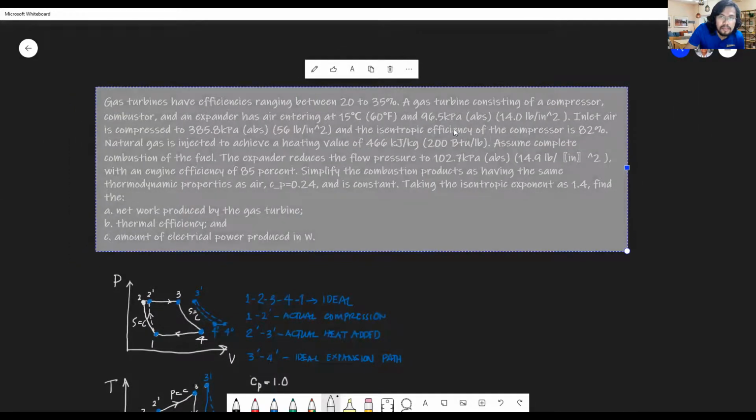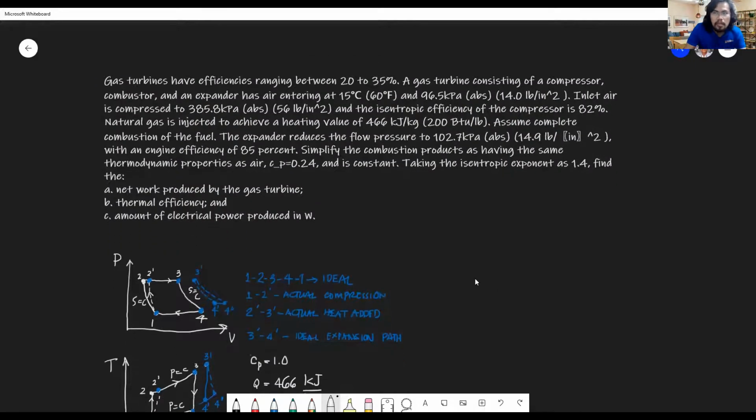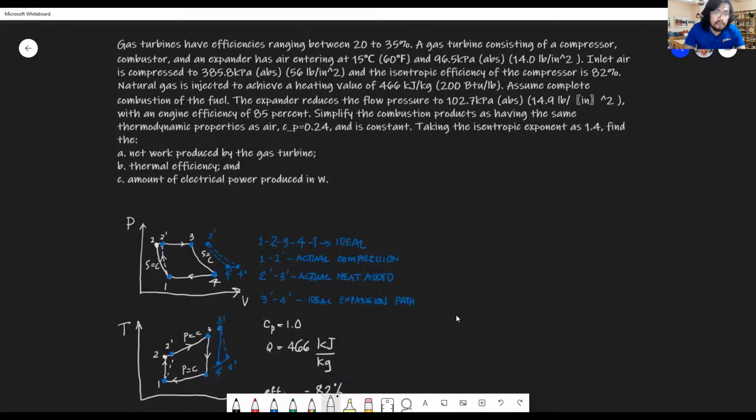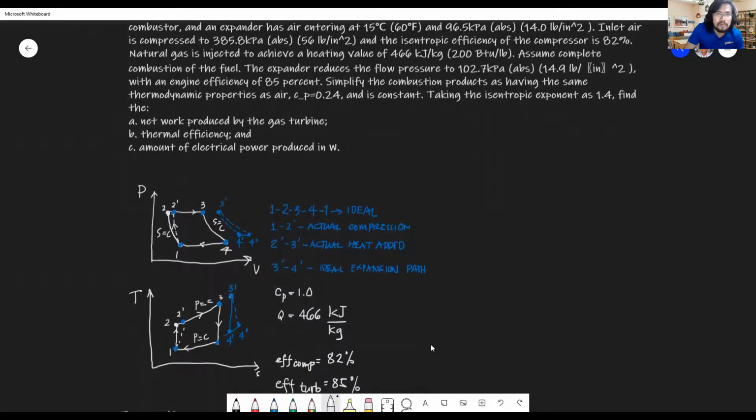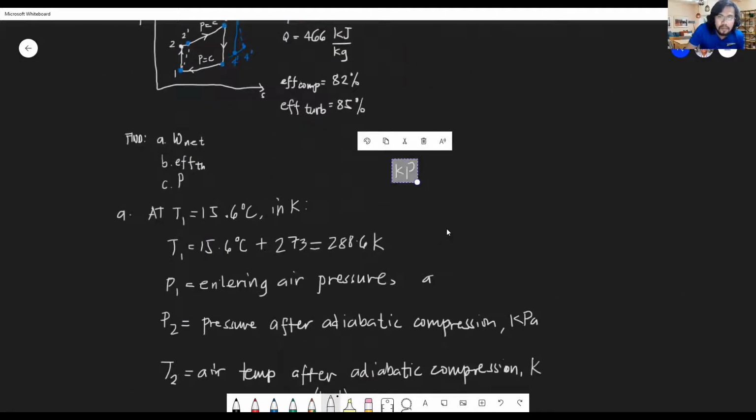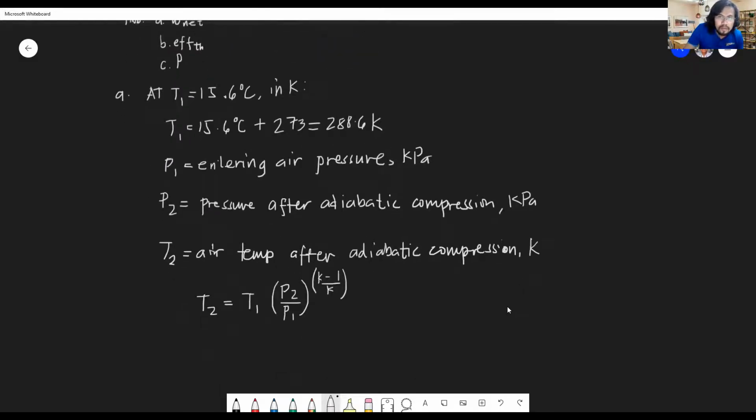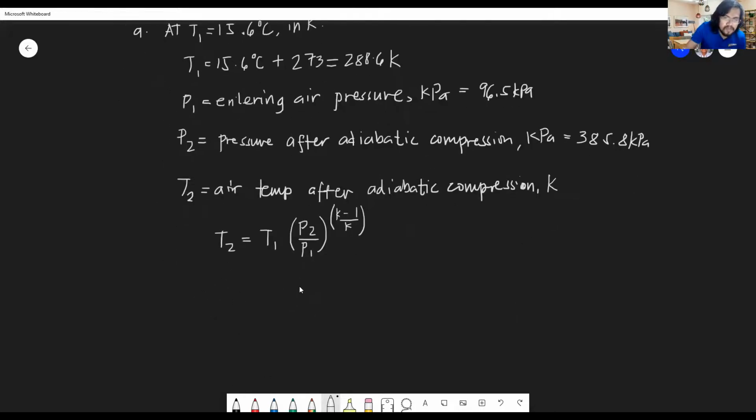We have the inlet at 96.5 kPa, and after compression it becomes 385.8 kPa.